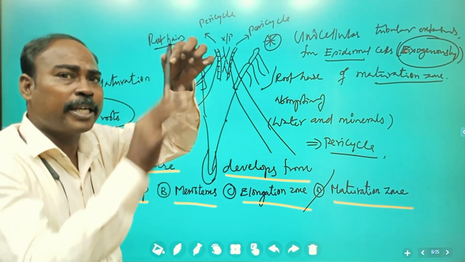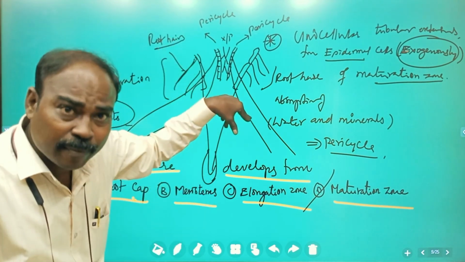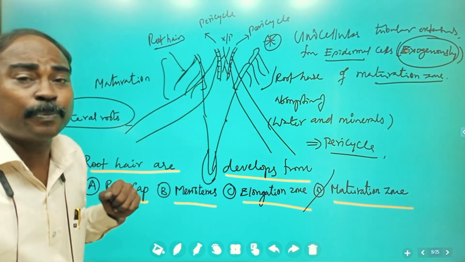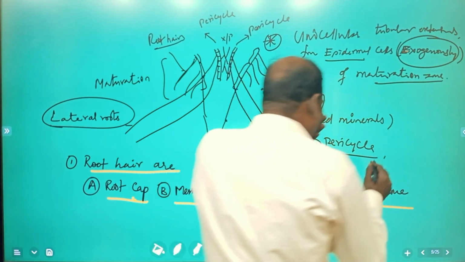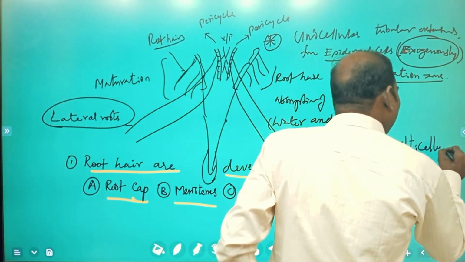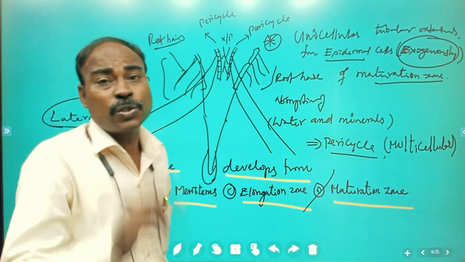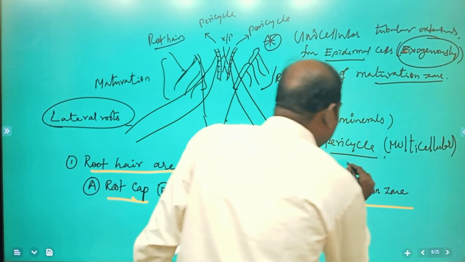The centralmost part is the stele. The stele is surrounded by the pericycle. From the pericycle, lateral roots are developed. These lateral roots are multicellular secondary roots that develop endogenously.